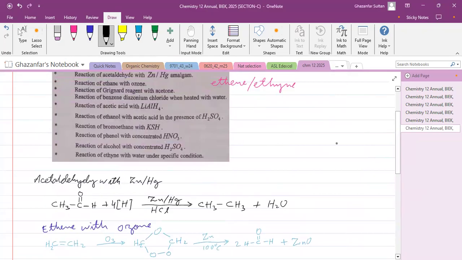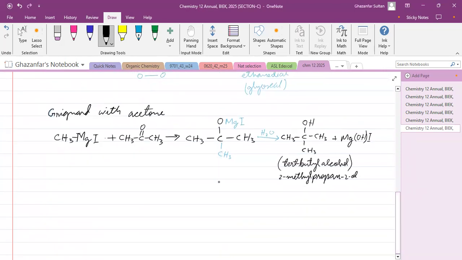And see what's next. Next is the reaction of diazonium chloride when heated with water. So benzene diazonium chloride with water.